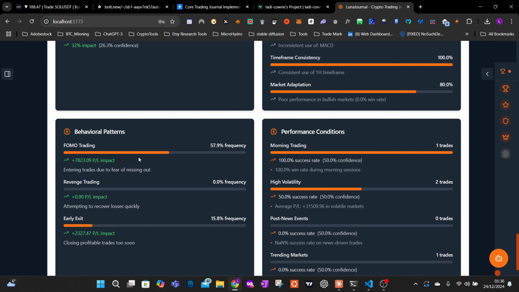Short time frames combined with quick entries after significant movements might suggest FOMO. So it looks at that, and entering during strong trends also infers, oh, this might be driven by FOMO.